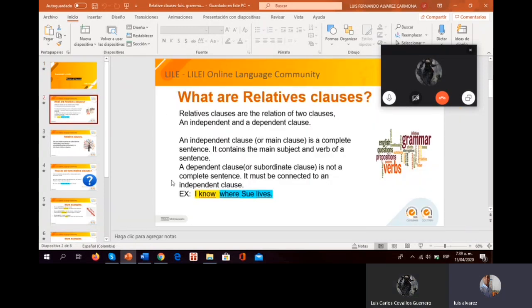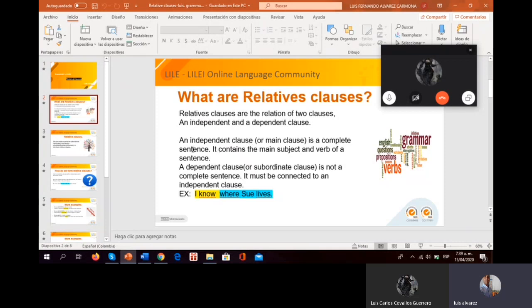So here I'm going to give you an insight, a general definition of what a relative clause is. It says here that relative clauses are the relation of two clauses, an independent clause and a dependent clause. In other terms, this is a connection between a complete sentence and an incomplete sentence.